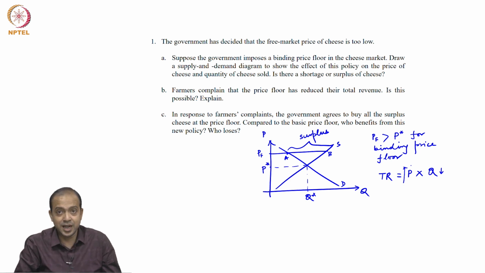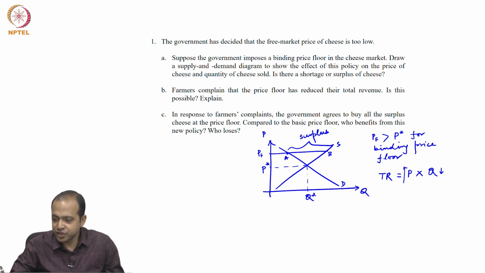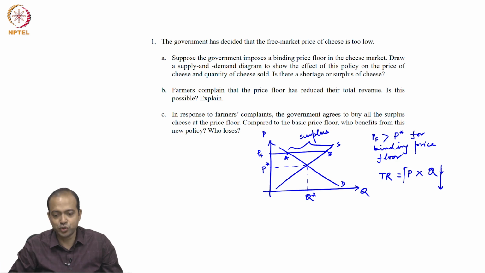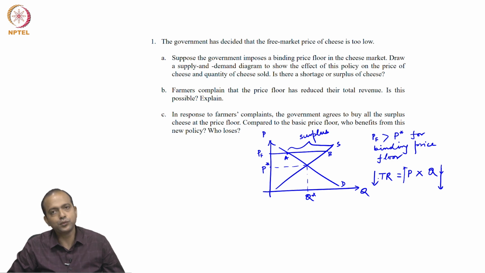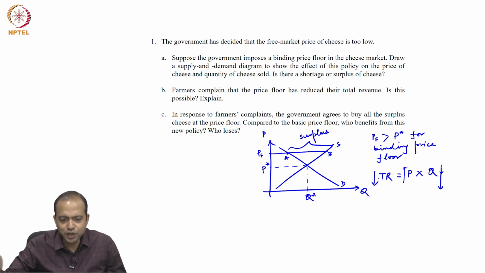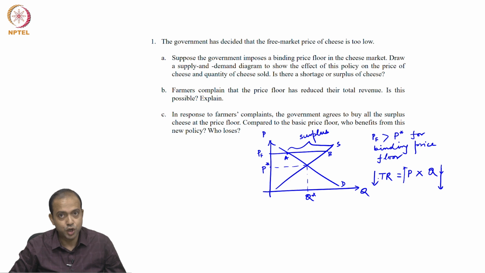So, it is an elastic demand. So, assuming that demand for cheese is elastic, what will happen? An increase in price will result in quantity demanded declining more than proportionately, and therefore, total revenue will also fall. So, this farmers' complaint could be possible provided the demand for cheese is elastic.